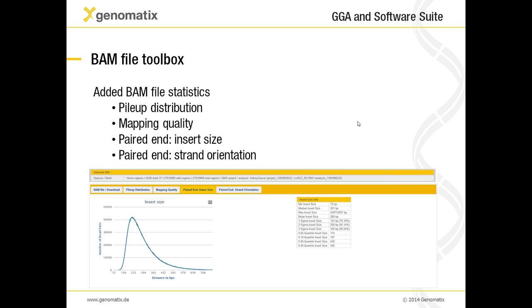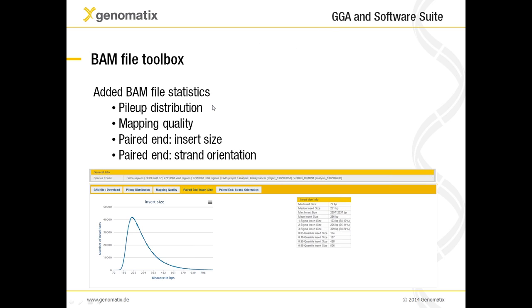Now three more small additions here. One is in the BAM file toolbox. You can now generate BAM file statistics for uploaded BAM files, or you can also view them if you generate the BAM files by mapping in the Genomatix mining station.